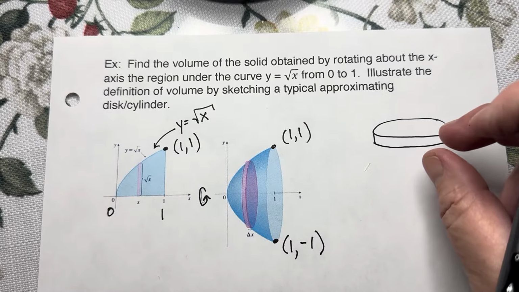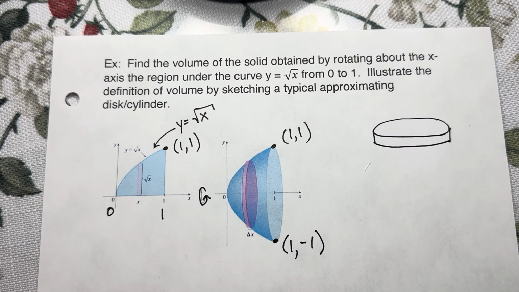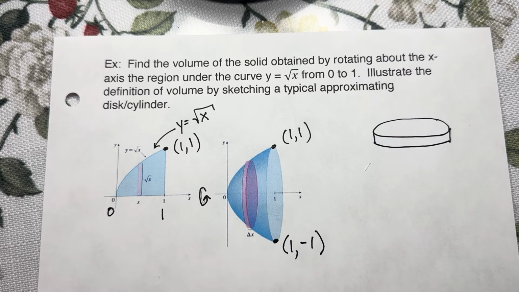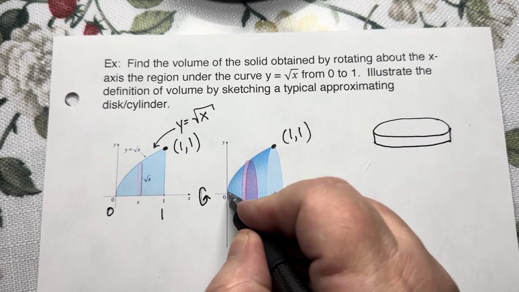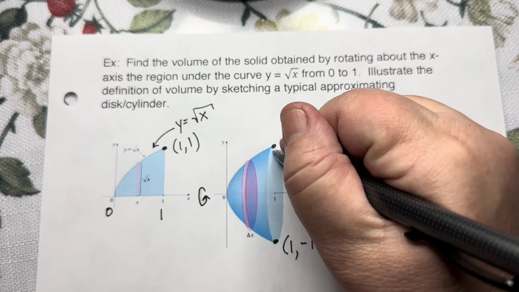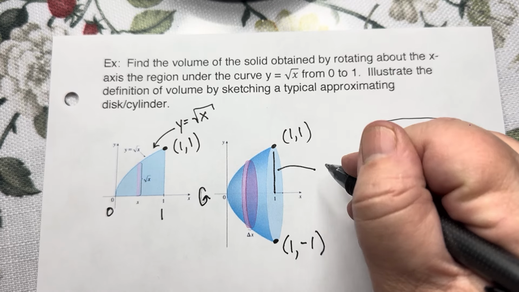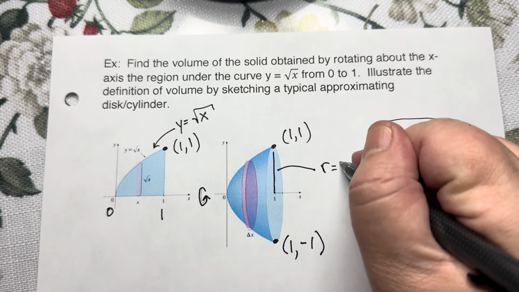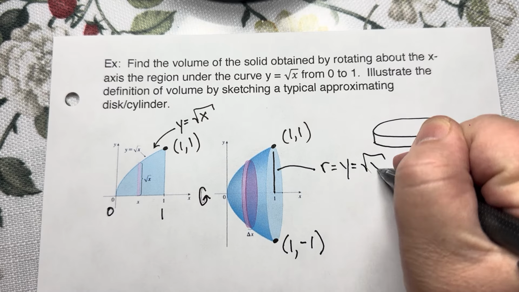It's either a very, very short cylinder or it's a disc. So it's up to you, whichever way you want to look at it. I'm going to add up all of them. I'm going to go from x equals 0 to x equals 1. And the radius, which is y, is the square root of x.